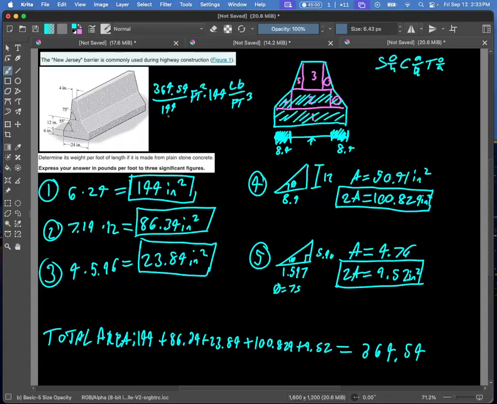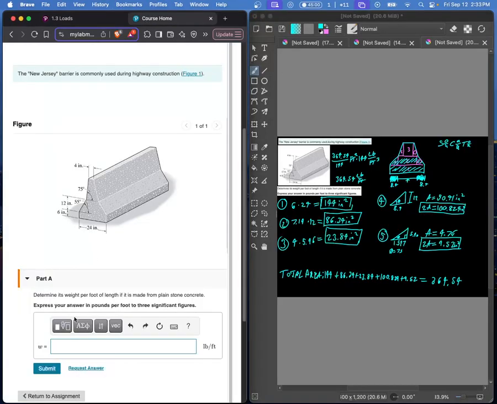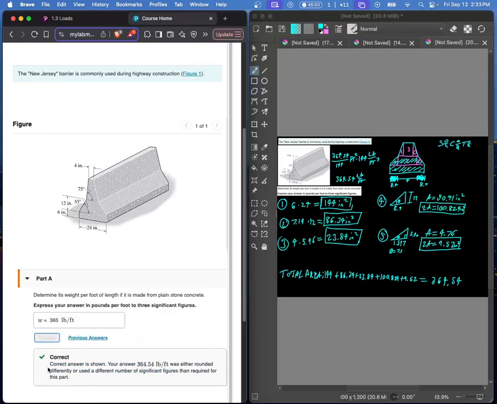So if we divide this by 144, and we multiply this by 144, then we have 364.54 pounds per foot. Let's hope this is right. There we go. Splendid.